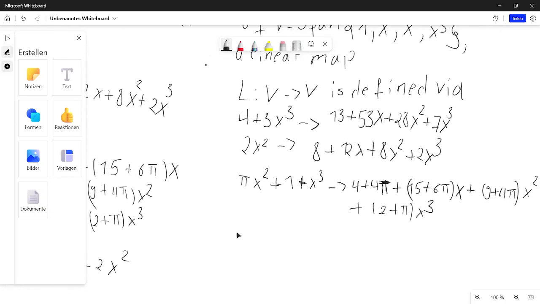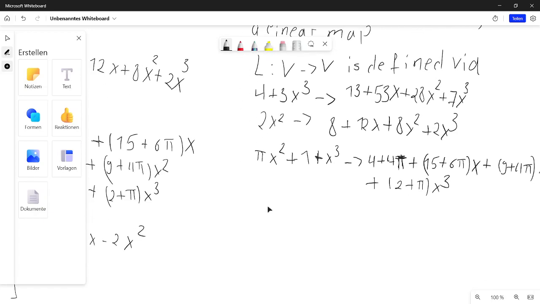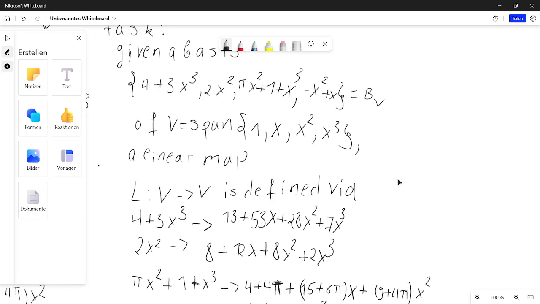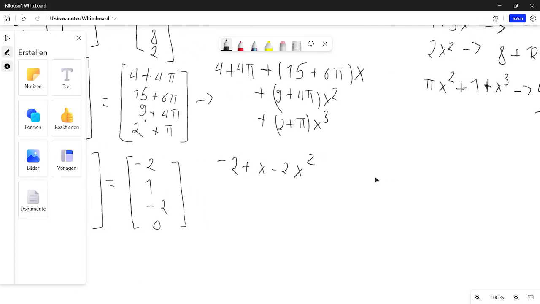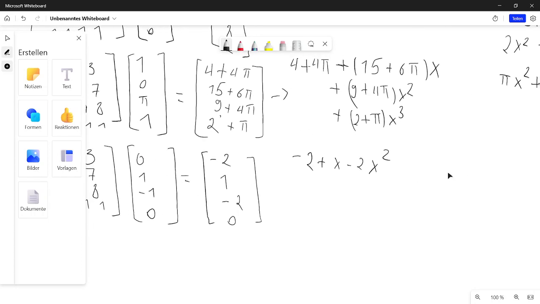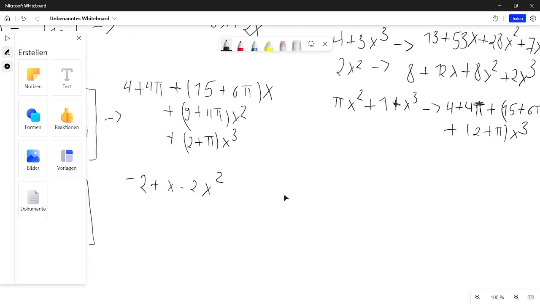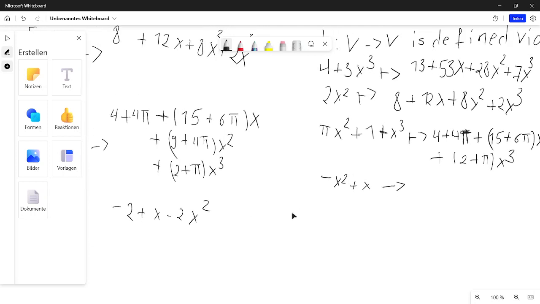And finally, minus x squared plus x is mapped, sorry. When we map an element to another element, the notation is like this.